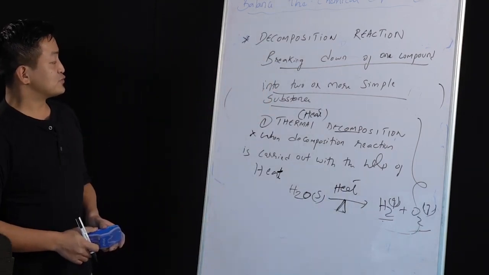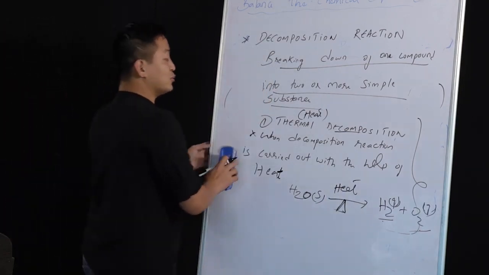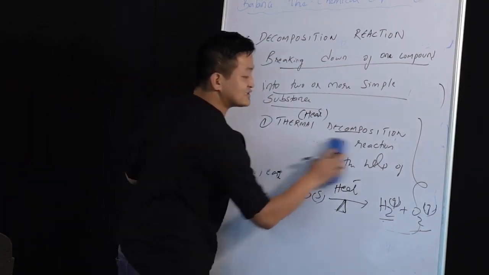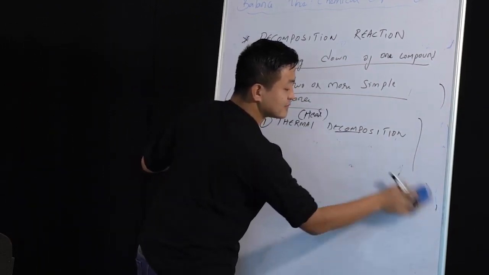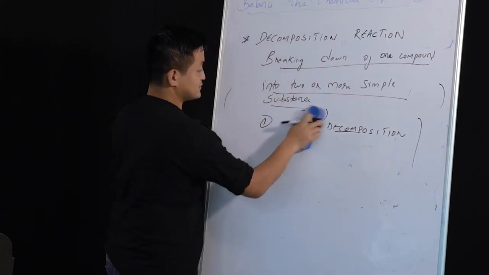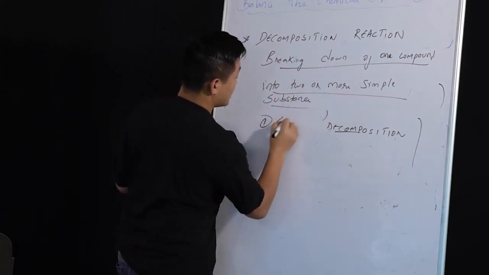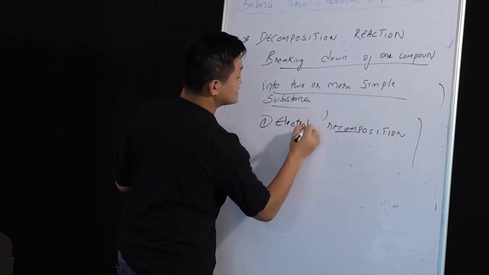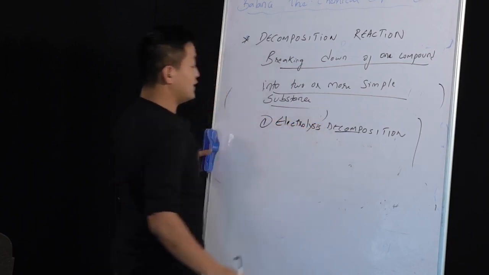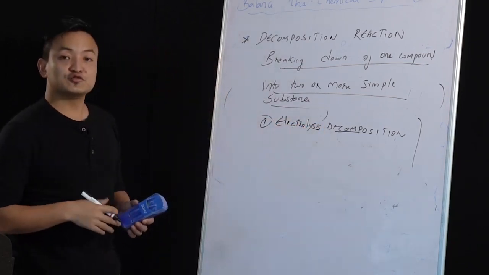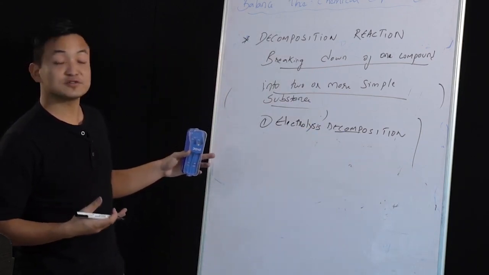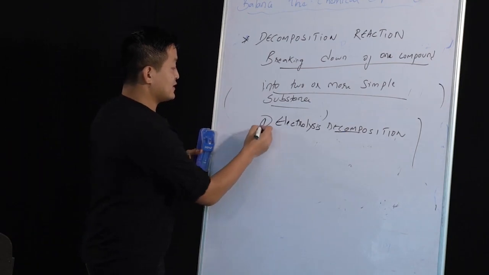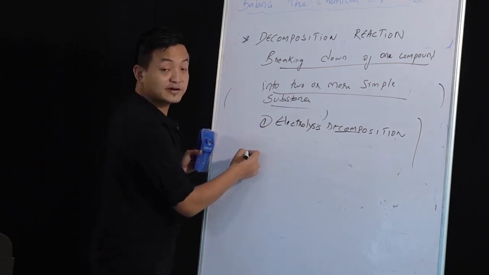Now, if you are clear with this one, we'll go to the next type of decomposition reaction, which is electrolysis. Even this one, to make it very simple for you, electrolysis decomposition reaction, we can use the example of water.